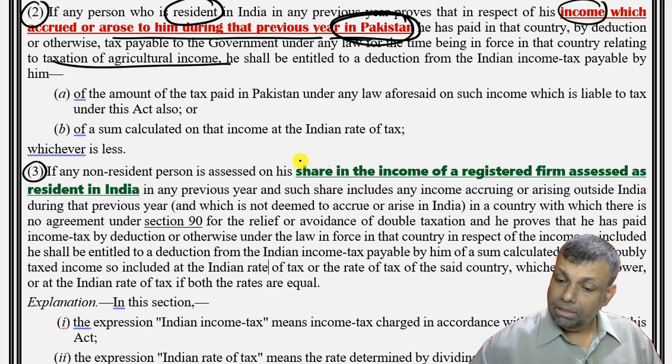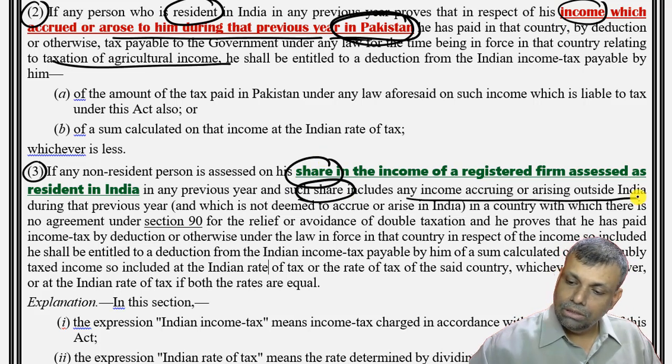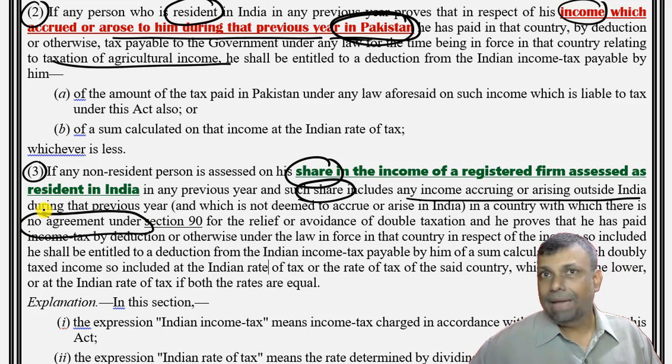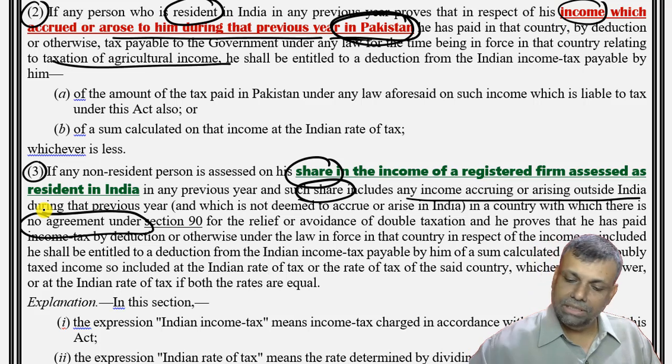Okay, but this is only with respect to the share of profits. Okay, and the share should include income accruing or arising outside India. Okay, and there is no agreement, because the balance part of the law of section 91 is the same. Whatever was the section 90 subclause 1 condition, this also will be the same. India and that country do not have any agreement.